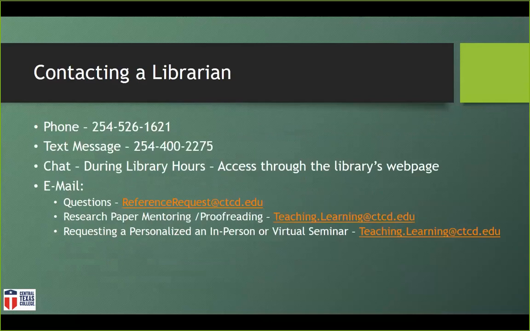To contact a librarian, you can phone us at 254-526-1621. You can send us a text message using your smartphone at 254-400-2275. You can also do a live chat during library hours, and the chat feature can be accessed through the library's webpage.